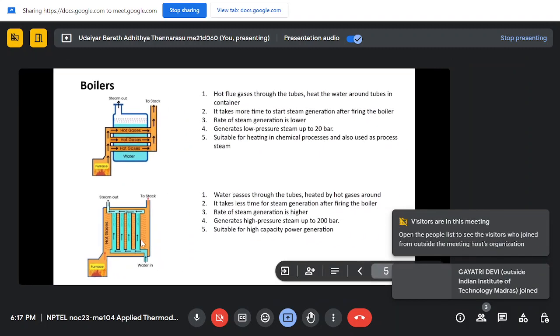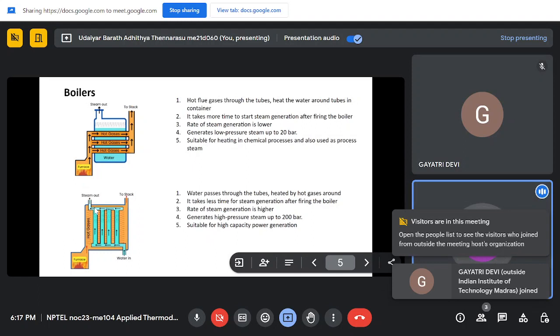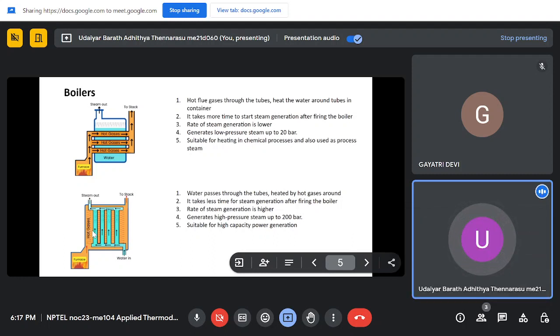In the shell side, you have hot gases passing, and in the tube side you have water coming. There's heat transfer happening, majorly by convection and conduction at the surface, and then the water boils inside the tubes, and steam is collected out. So that's the difference in the boilers.